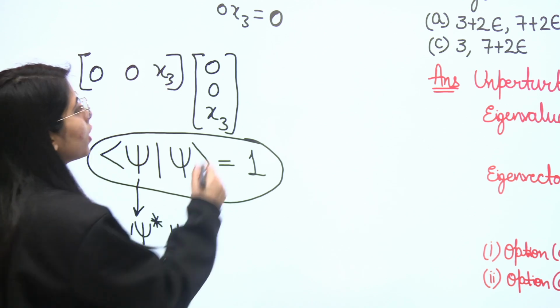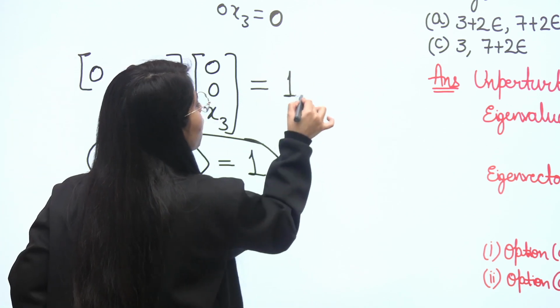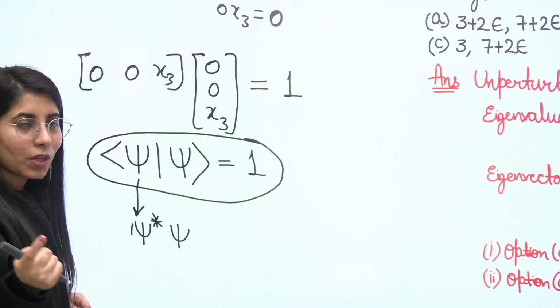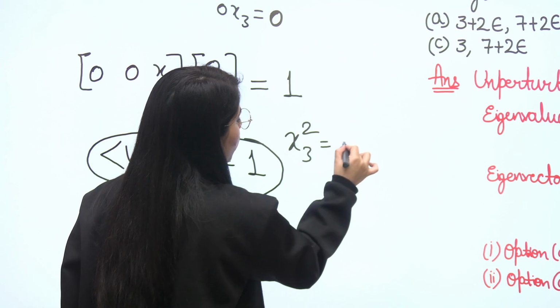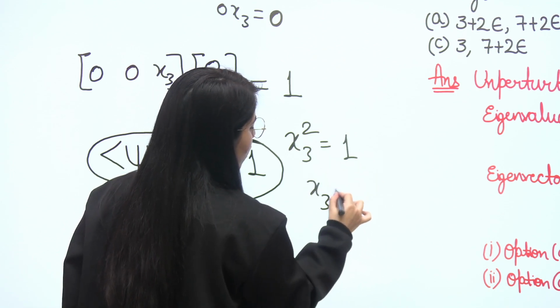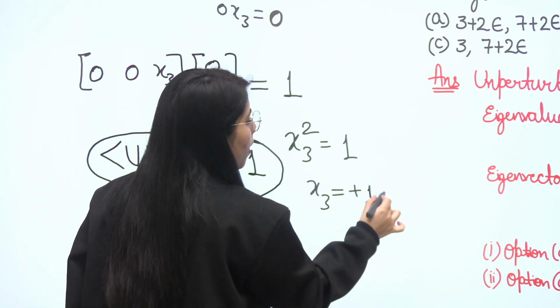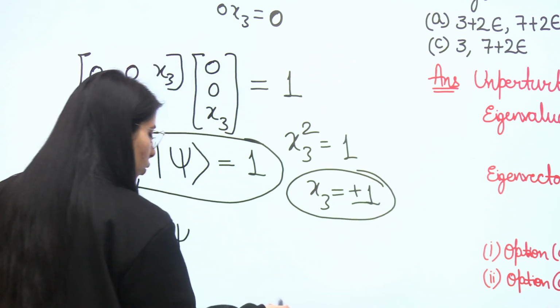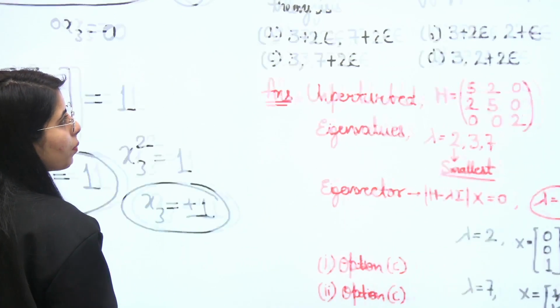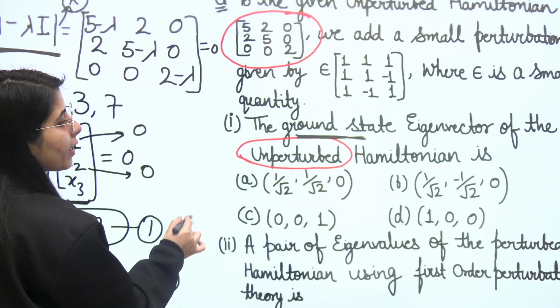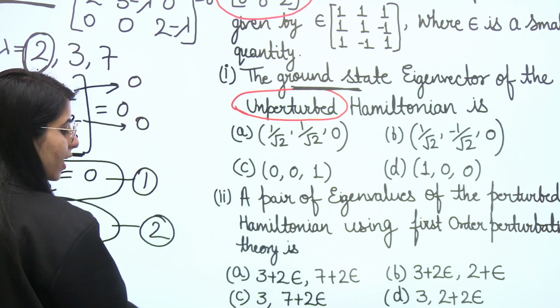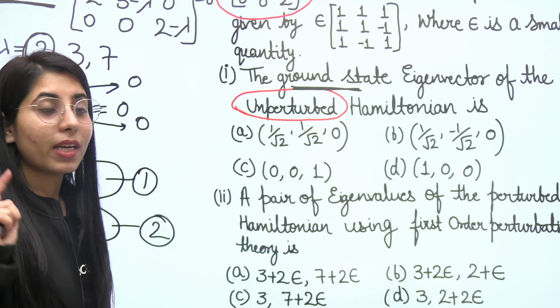That's what I have done here. Now it should be equal to 1 for this vector to be normalized. Clear? When I simplify it, I will get x3 square is equal to 1, which means x3 is equal to plus minus 1. I'm going to write the plus minus 1 both. Clear? If you check the options now, because our main target is to match our answer with the options, and that too, it should be correct.